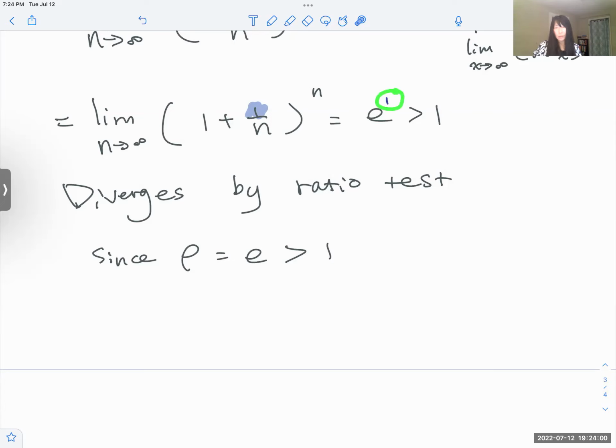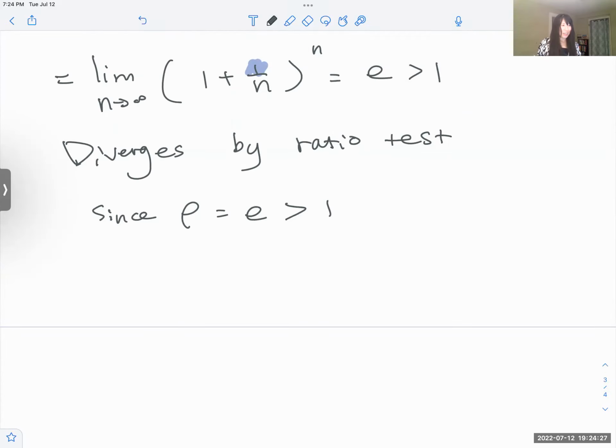This one? Yeah, so E means just E. Okay, your classmate explained in the chat. Good.